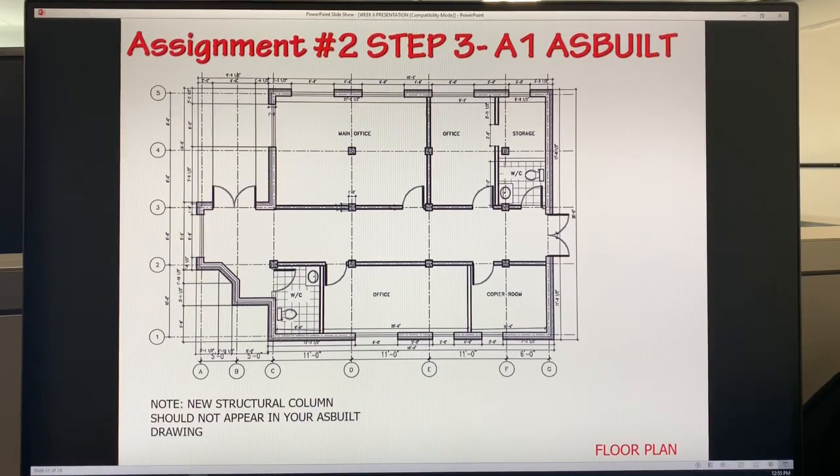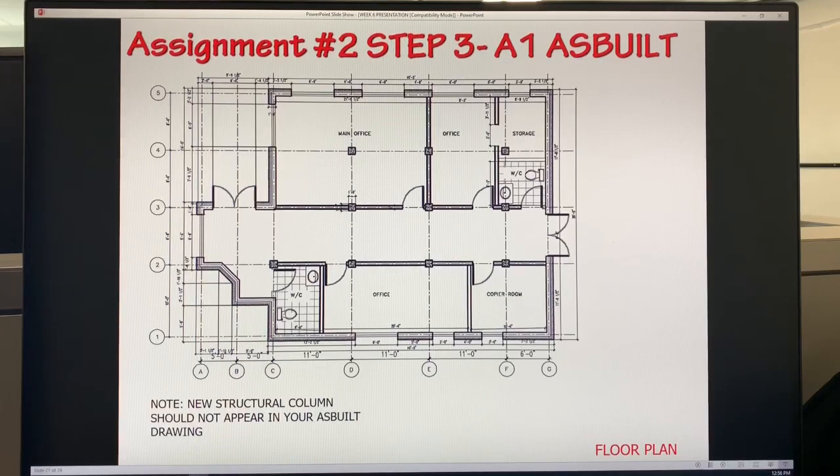So in your demolition plan, they should all be dashed. But the new columns, the ones you put in last week in your structural, should only appear in the partition plan. They should not be in the as-built, they should not be in the demolition, they should be in the partition plan, which is the new construction phase.